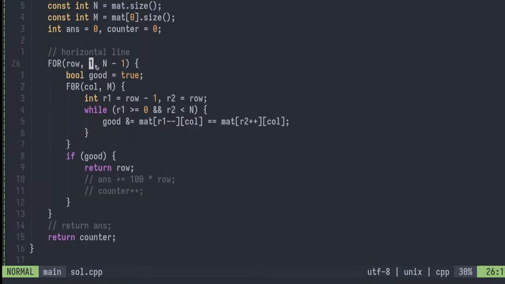Horizontal line from 1 to this. So if it is good, I'm returning a value which is between 0 and n minus 1.